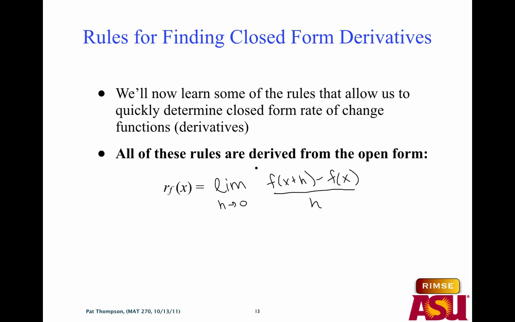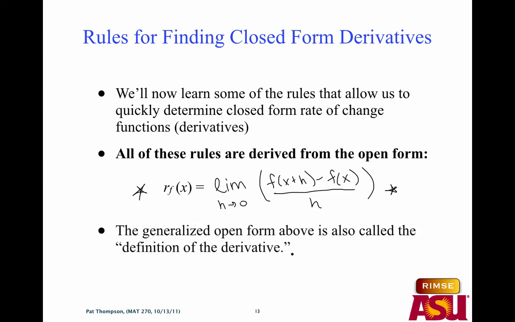It's important. So this is the open form for finding the exact rate of change function for any function f. So everything we're doing can be established by thinking about this equation and just applying it to different functions f.